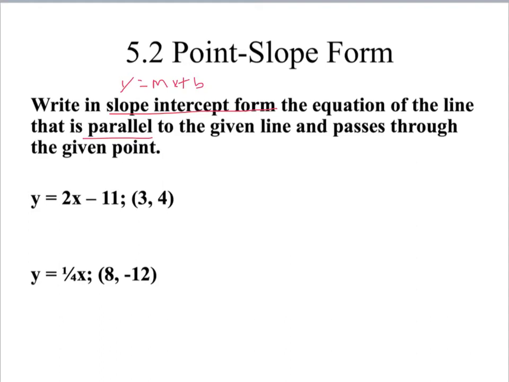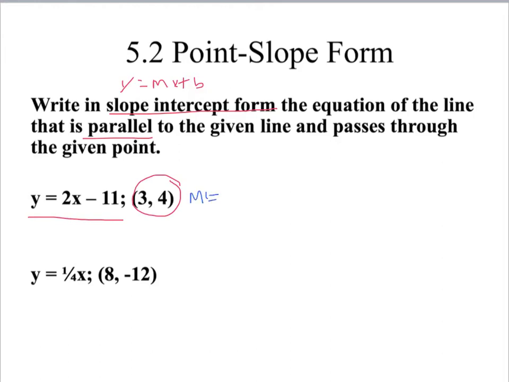So if we know their slope and we are given a point, can we plug those into an equation? Absolutely. So what we are going to do, we are given a point here on this very first one of 3, 4. What's my slope of a line parallel to y equals 2x minus 11? 2.